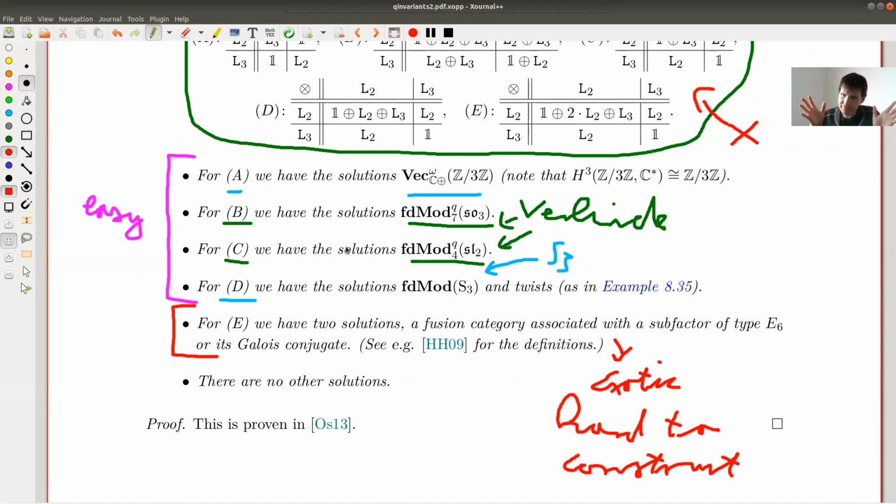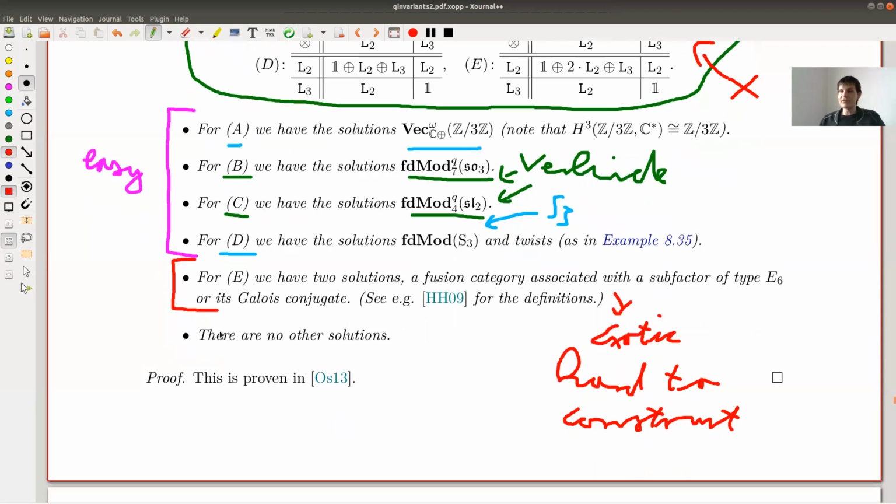So when you classify fusion categories, you will kind of always see the same pattern. Vect G, rep G, or finite dimensional modules of a group. So this is my blue example here. You see Verlinde categories turning up. This is my green example, and some exotic things. This is how any good classification looks like, by the way.